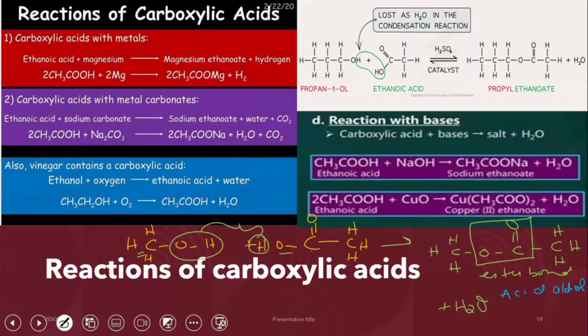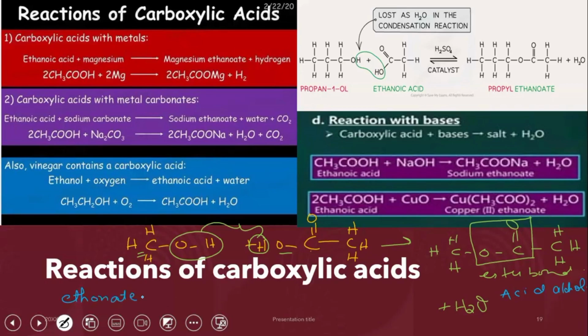So in our case, what is our acid? Our acid is ethanoic acid, right? We have a 2-carbon acid. So I'm going to write down ethanoate, right? And then we will write down the alcohol.